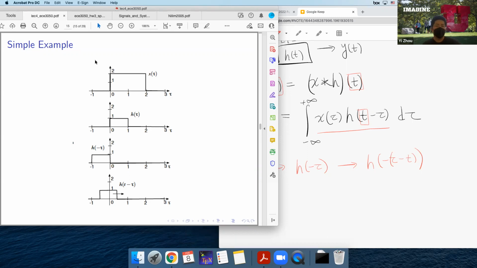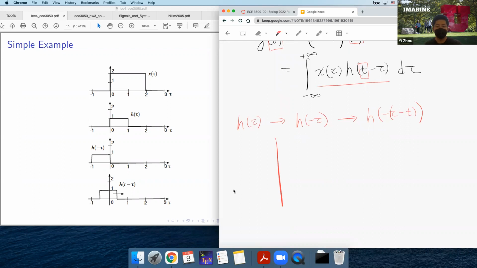Now we have this x(tau) and h(t minus tau), so we can do a pointwise product between these two signals. And we know that a rectangle signal multiplied by another rectangle signal pointwise will generate another rectangle signal, and the duration is exactly their overlapping area.